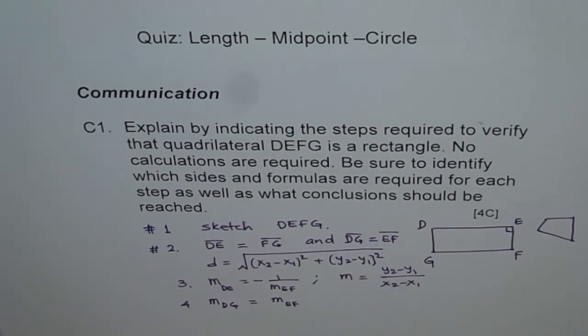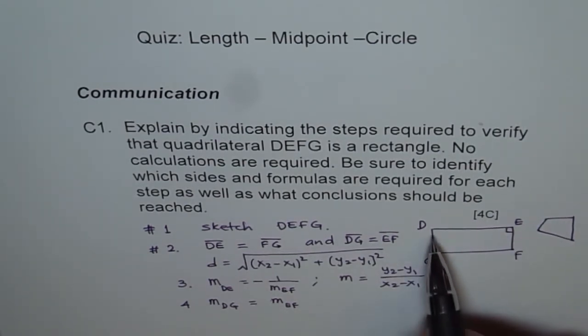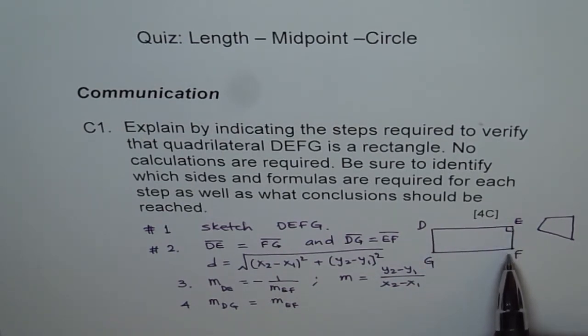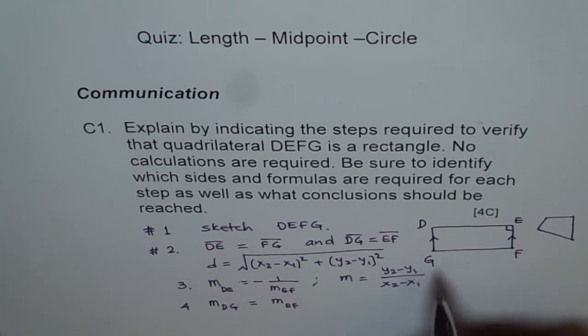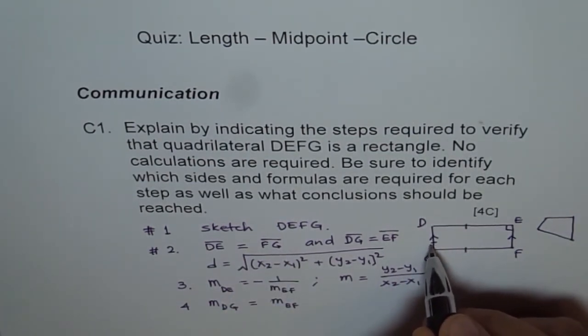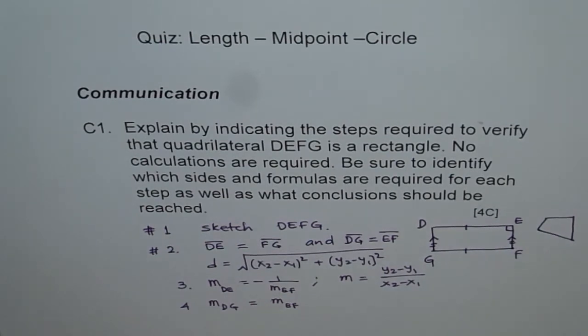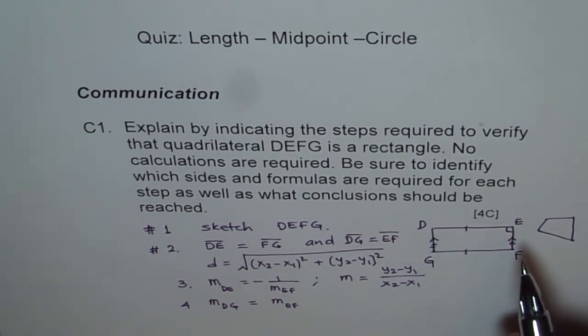For slope, use the same formula, y2 minus y1 over x2 minus x1. So we have proved this line is perpendicular to this line and this line is parallel to this line. Earlier, we proved the sides are equal. Now if these two lines are parallel, that means this angle is also 90 degrees, right?